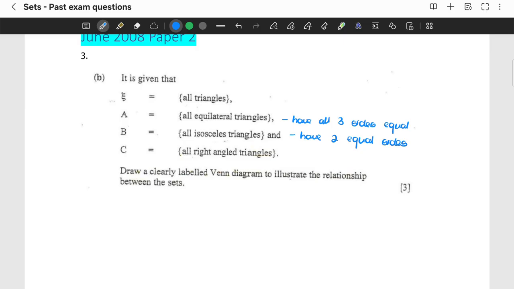And then a right angle triangle is self-explanatory. It means that it forms a 90-degree angle, right? So here's a 90-degree angle.